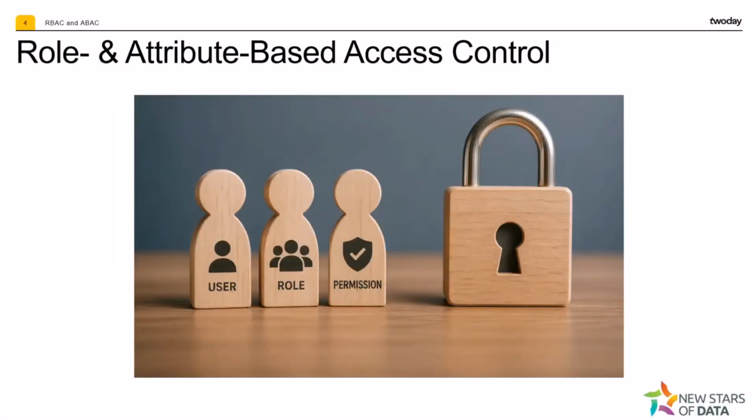So first things first, role and attribute-based access control. I think if you've been working in the data world for just about a couple of months, we've all been introduced to access control and people wanting access to different things around your platform. And the role-based access is what we see in a classic implementation, right? You have people who want access to a set of objects.